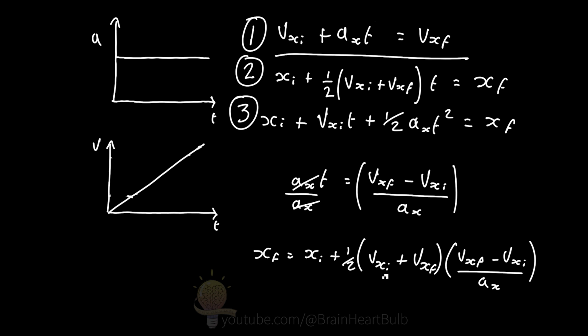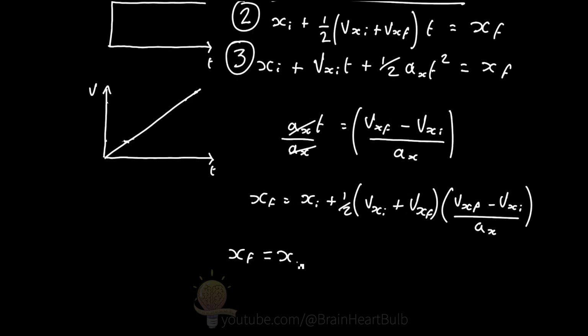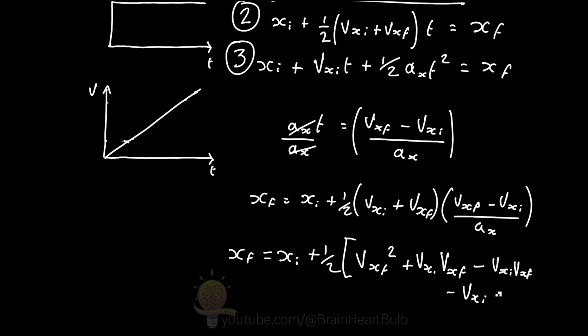Now we can simplify these brackets here by multiplying out. We get the final velocity squared, Vxi multiplied by Vxf minus Vxi multiplied by Vxf minus Vxi squared. These terms cancel.